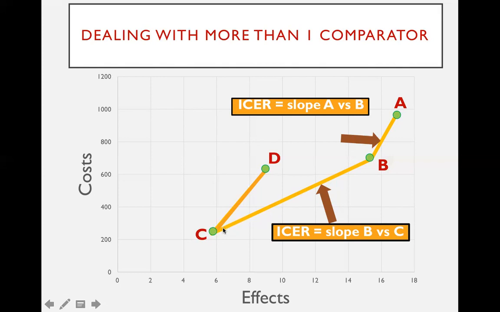In this case, the slope of drug B versus drug C is flatter than the slope of A versus B and C versus D. So this is actually the ICER of drug B versus drug C, and it seems to be the more cost-effective option.